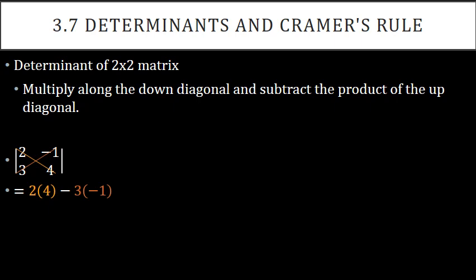So that gives you 8 plus 3 is 11. So the determinant of this matrix is 11. What's that mean? Well, nothing by itself, but it will be useful to do other things.